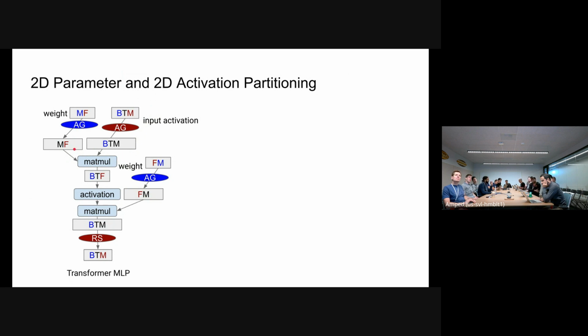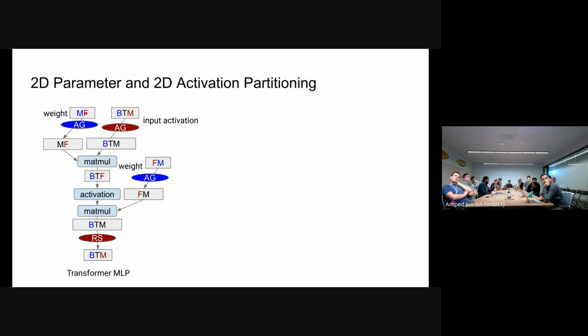Okay. The colors refer to the axis of partitioning. So red is, again, like I was saying, MPDP is just a label for the two axes there. So what's happening is that F means this is the dimension that stays sharded on the red axis. Blue means this is the dimension that stays sharded along the blue axis.